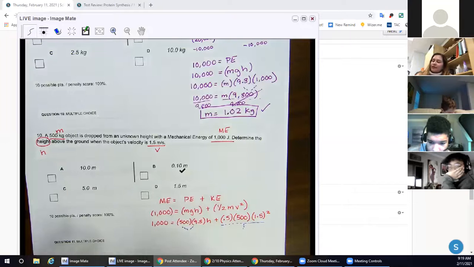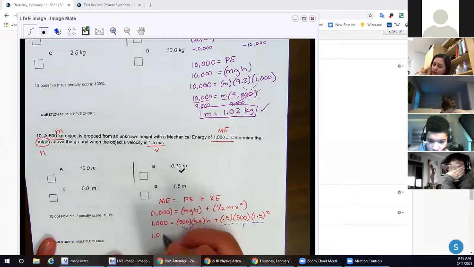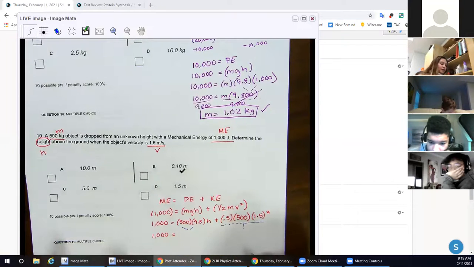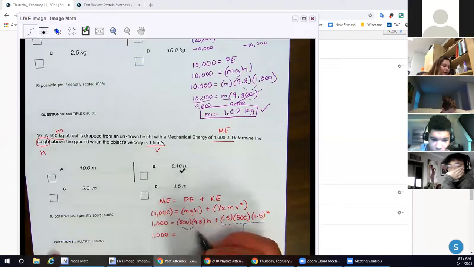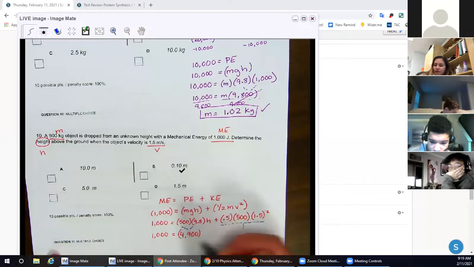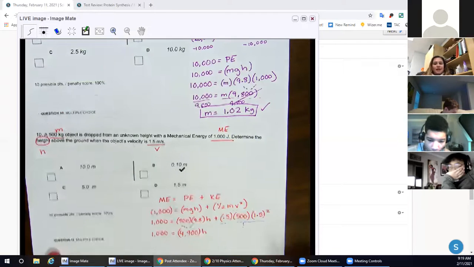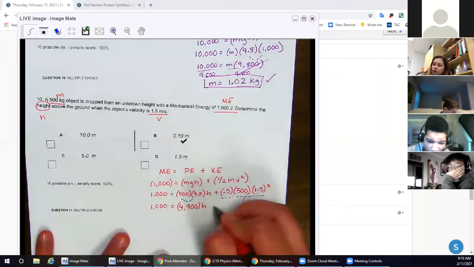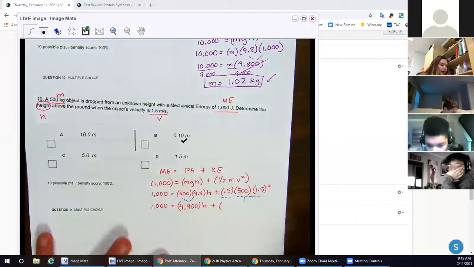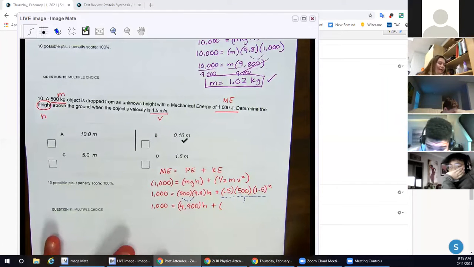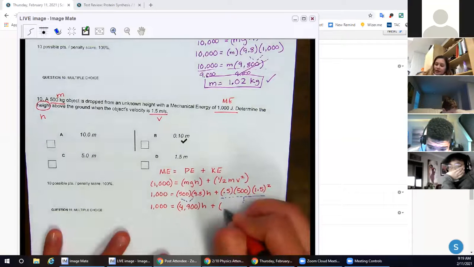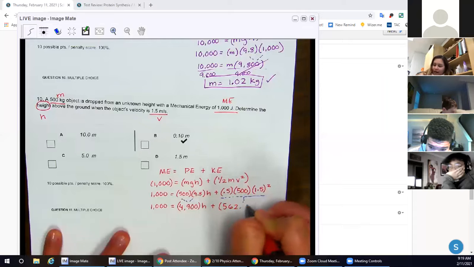So you still have 1,000 equals 500 times 9.8, which is 4,900, still times h, trying to find that h, plus 0.5 times 500 times 1.5 squared. That equals 562.5.